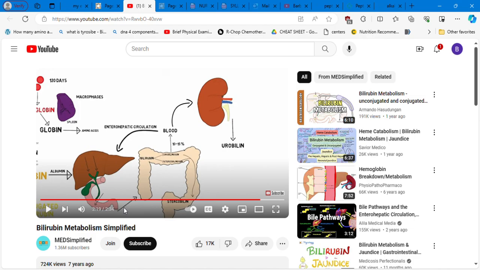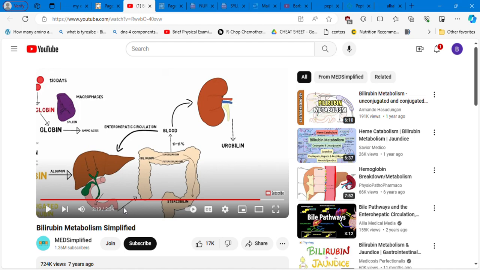Okay, then it's gonna enter the duodenum, the colon, and then some is gonna go back to the liver through the enterohepatic circulation, and the other one is going to go to the kidneys. So then we have the activity of bilirubin is gonna go from the liver to the biliary system, then to the small intestine, the colon, going part of that back to the liver, and then the other part through the kidneys.